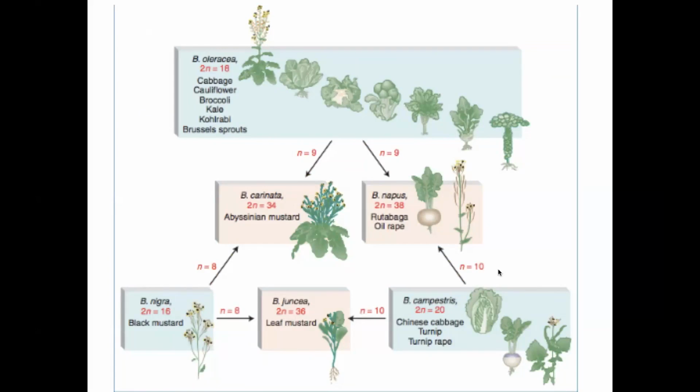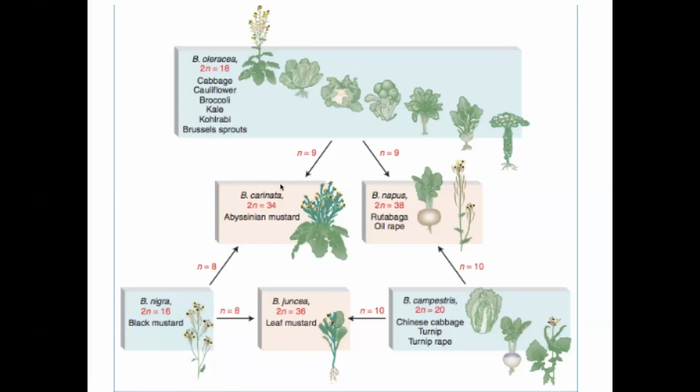And if that were the case, then how many chromosomes would you expect to see within the cells of the plants that fall within the napus species? You double the 19, there should be 38, and that's exactly what you see. So it's the same thing for the carinata. The carinata is an allopolyploid derivative of oleracea and nigra.